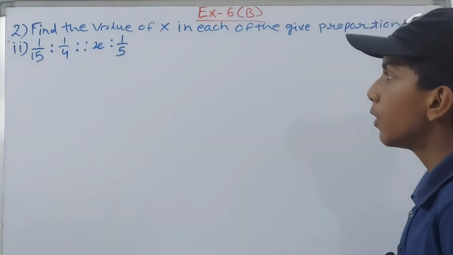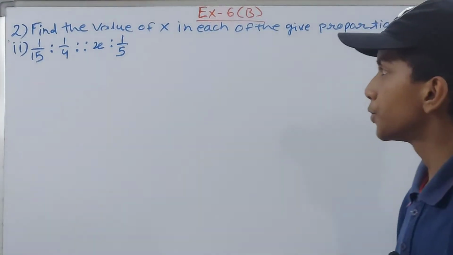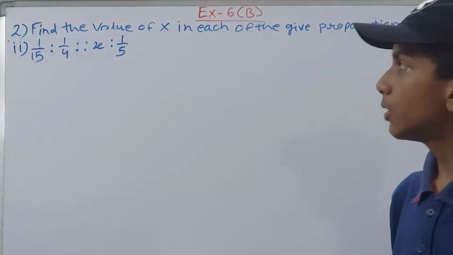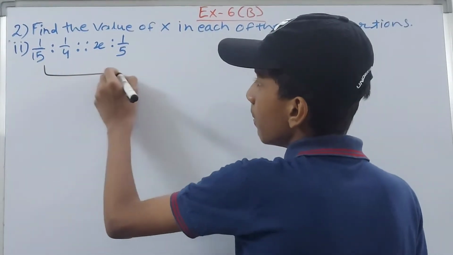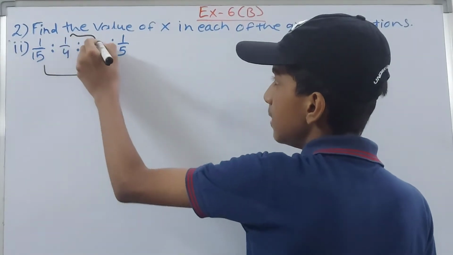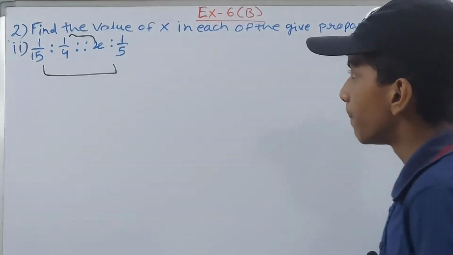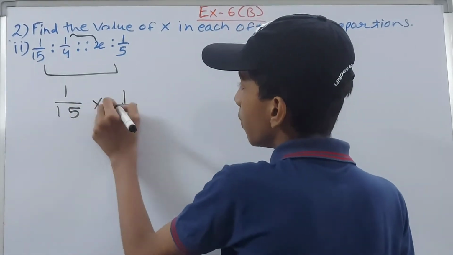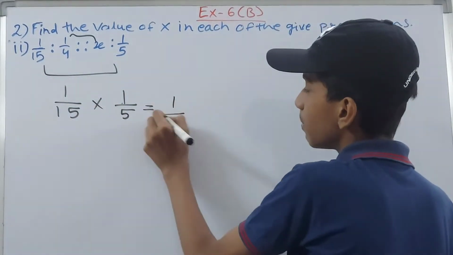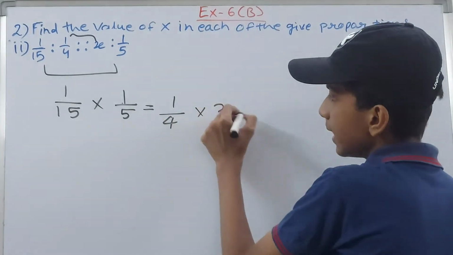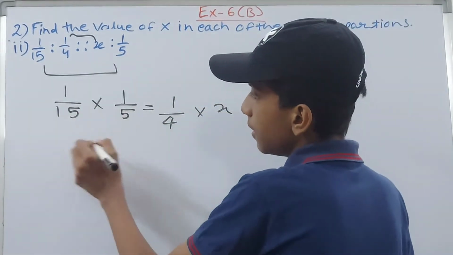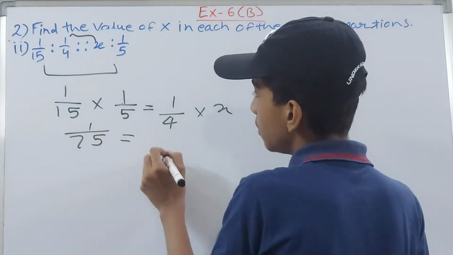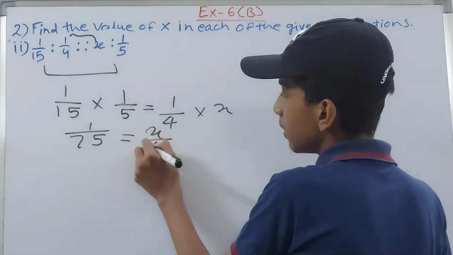This one is 1 upon 15 is to 1 upon 4 proportion x is to 5. Now in this also you can see this is the extremes, and this is the means. So multiply them. We'll have 1 upon 15 into 5 is equal to 1 upon 4 into x. So 15 into 5 is 75. 1 upon 75 is equal to x upon 4.